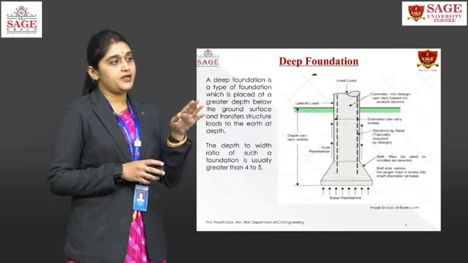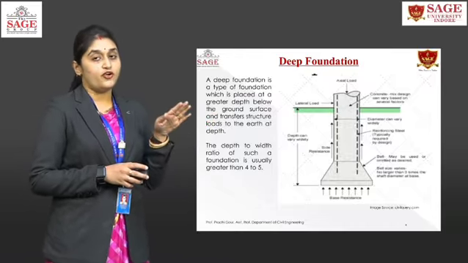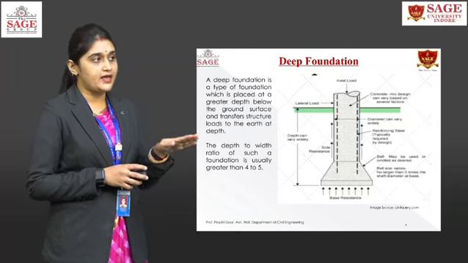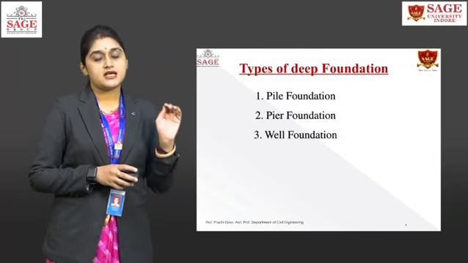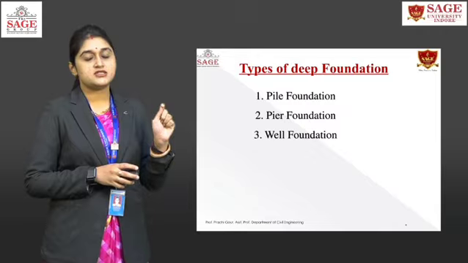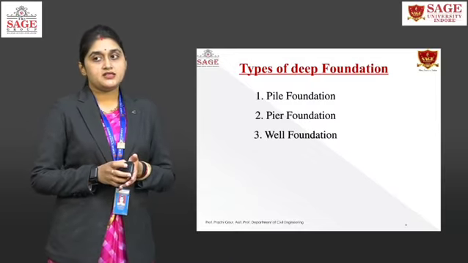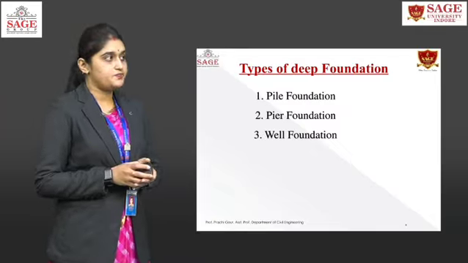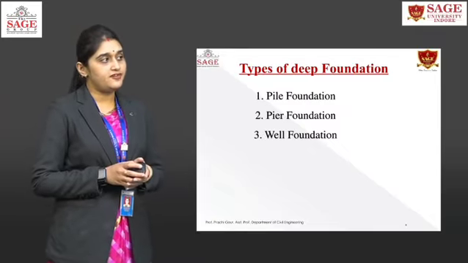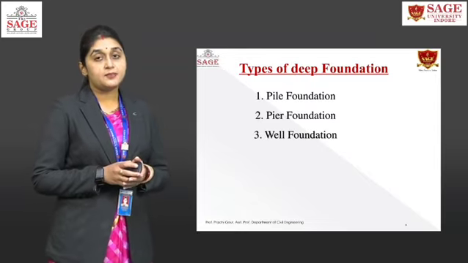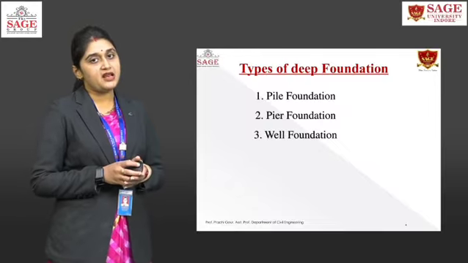So this is a typical diagram of what deep foundations look like, and this is a single type of foundation which is considered to be a deep foundation. Now there are three main categories in which deep foundation is divided. The very first category is the pile foundation, the second one is the pier foundation, and the third one is the well foundation.